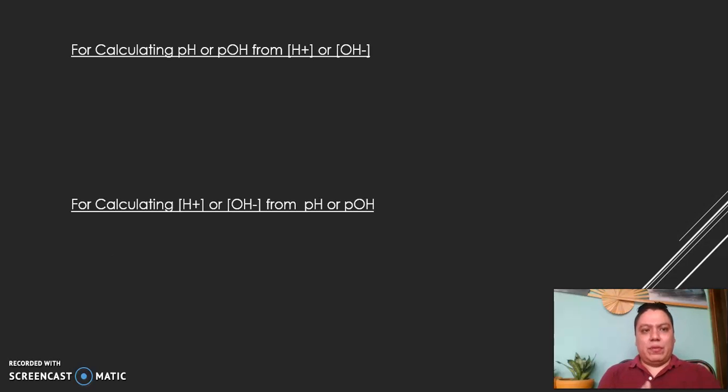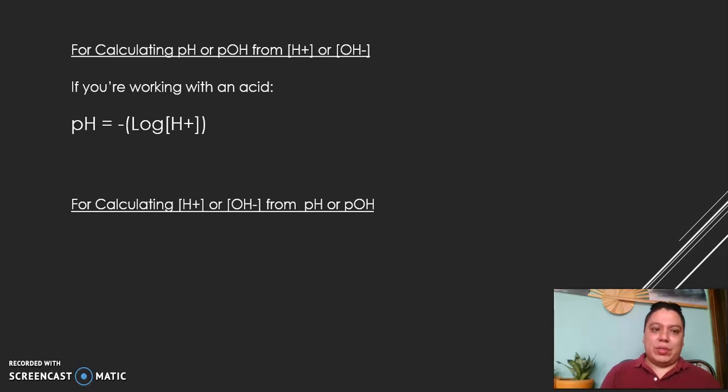Okay, so finally then, we can use the other formulas to calculate pH. But what happens then if we only have the concentration of hydrogen or hydroxide to work with? Well, for this we got two formulas. If we're working with an acid, to calculate the pH, we need to put this formula into our calculators: the negative logarithm of the hydrogen concentration. Okay, don't worry about too many numbers right now.